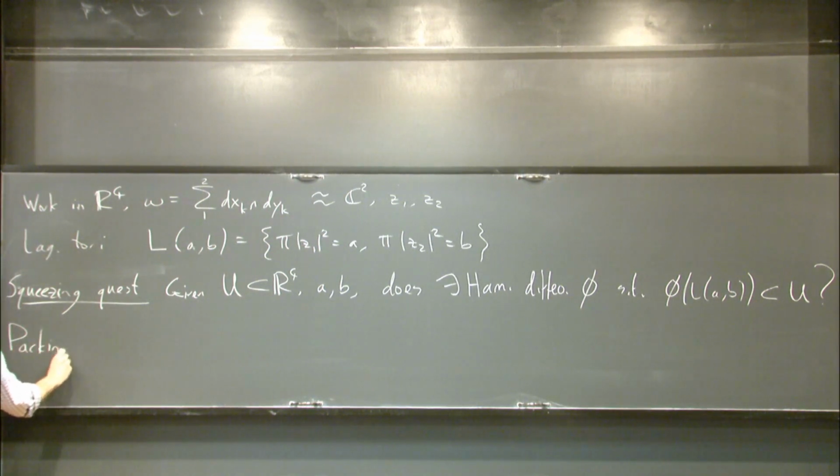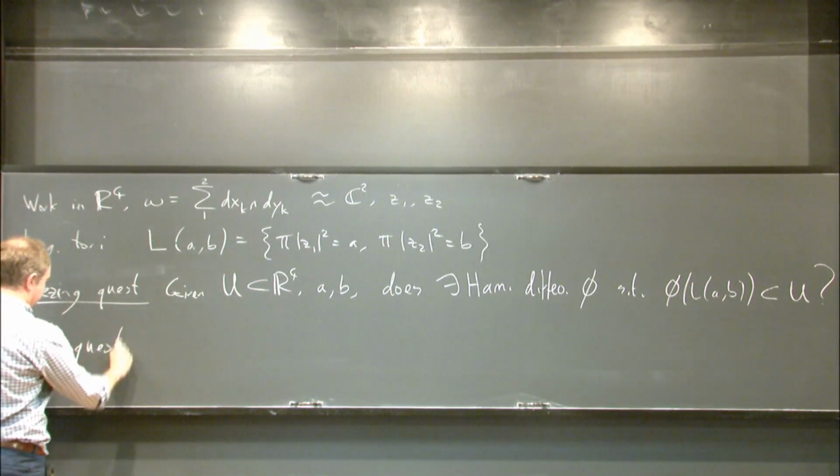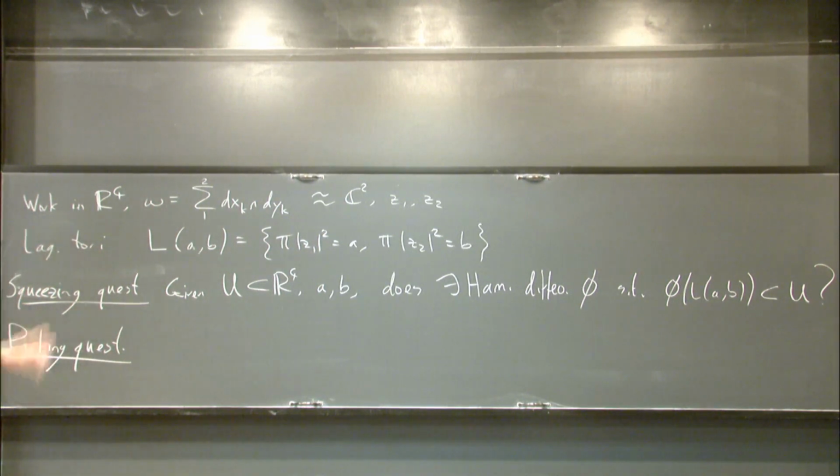The packing question: instead of getting one Lagrangian inside U, I want to get more than one.